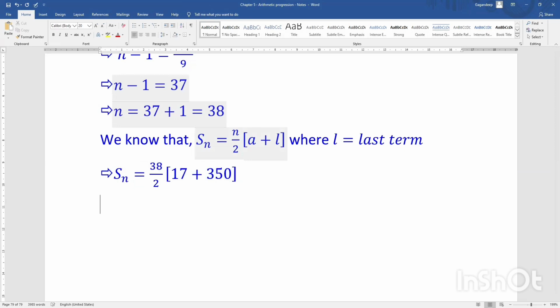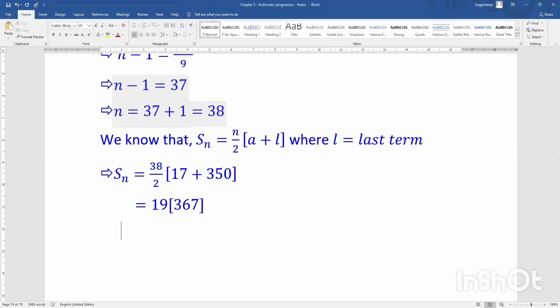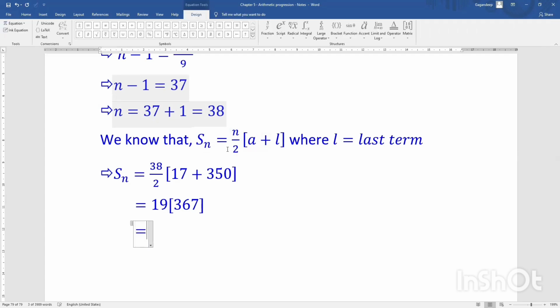So it is equal to 38 by 2, which is 19, into the bracket 17 plus 350, which gives you 367, and it gives you 6973. So this is your final answer.